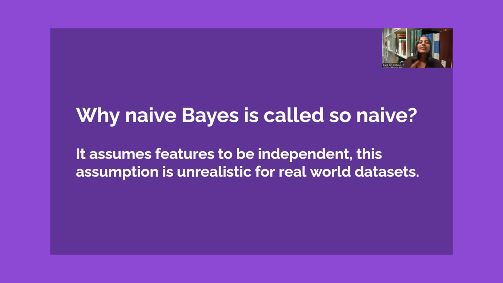This assumption is unrealistic for real world data sets, because features might be dependent. In most of the cases, they are dependent on each other. But naive-Bayes assumes that each feature is independent. So that's why it is called so naive. This is the question that people might ask you in interviews, so keep note of it.